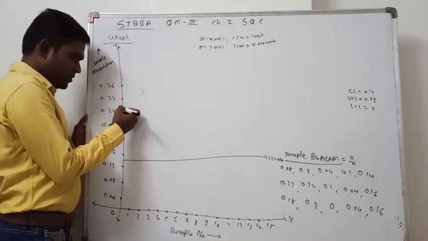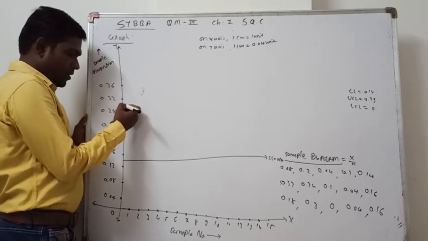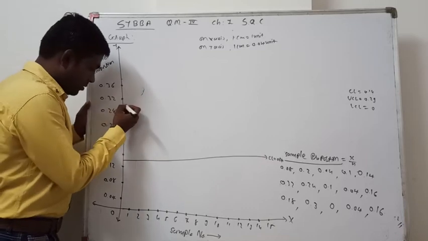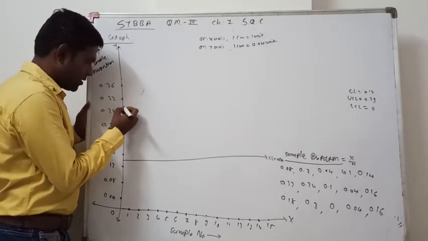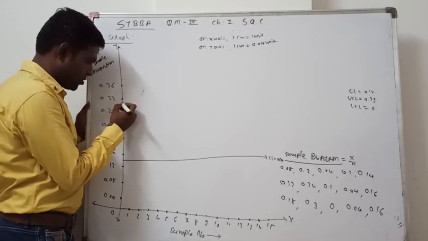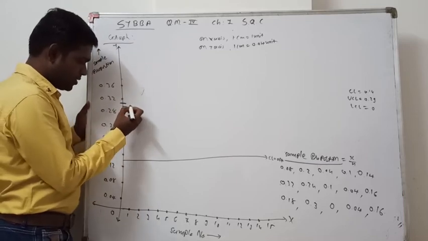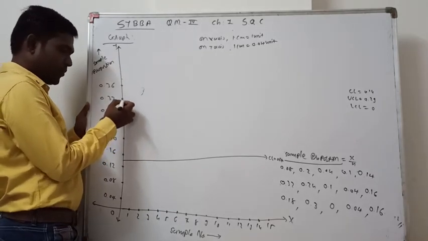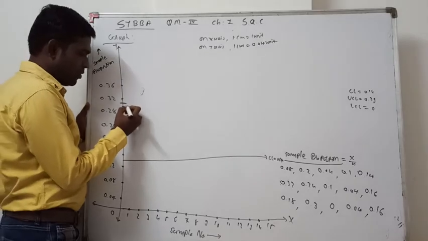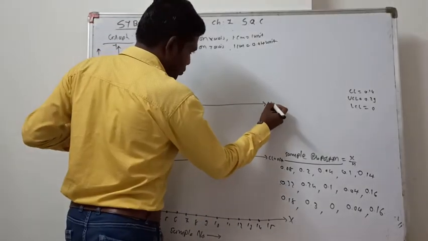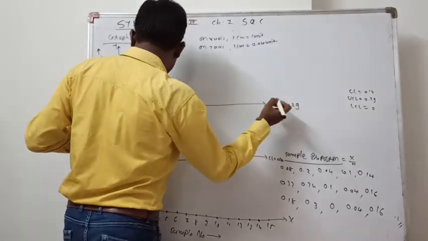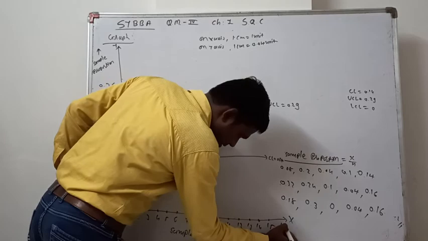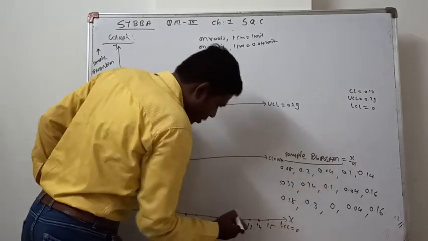There is a dark line between 0.28 and 0.32, right? On the graph paper you take the center of this, because 0.28, 29, 30, 31 and 32. So UCL is equal to 0.29. Next lower control limit, that is equal to 0. So this is our x-axis, lower control limit is 0.